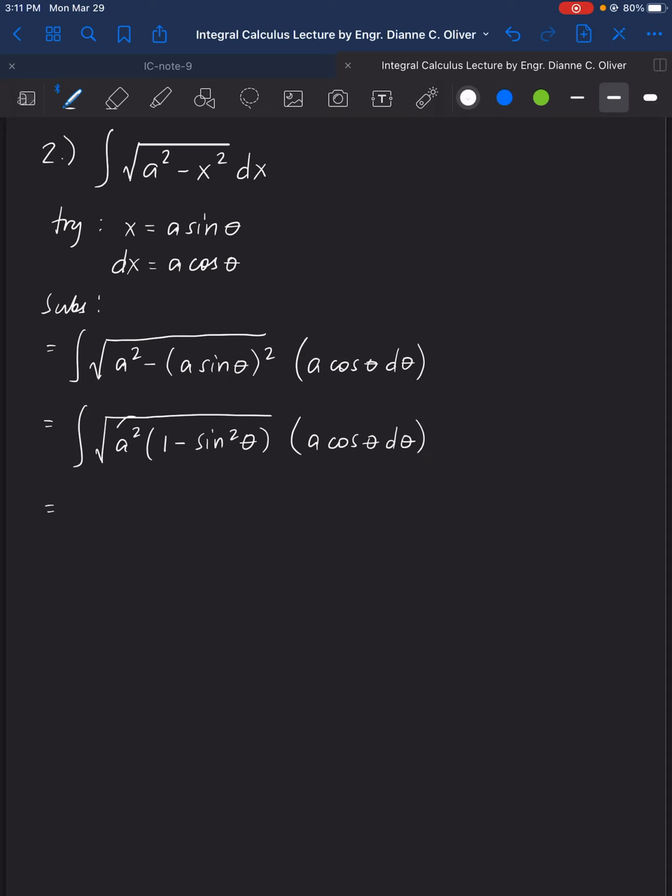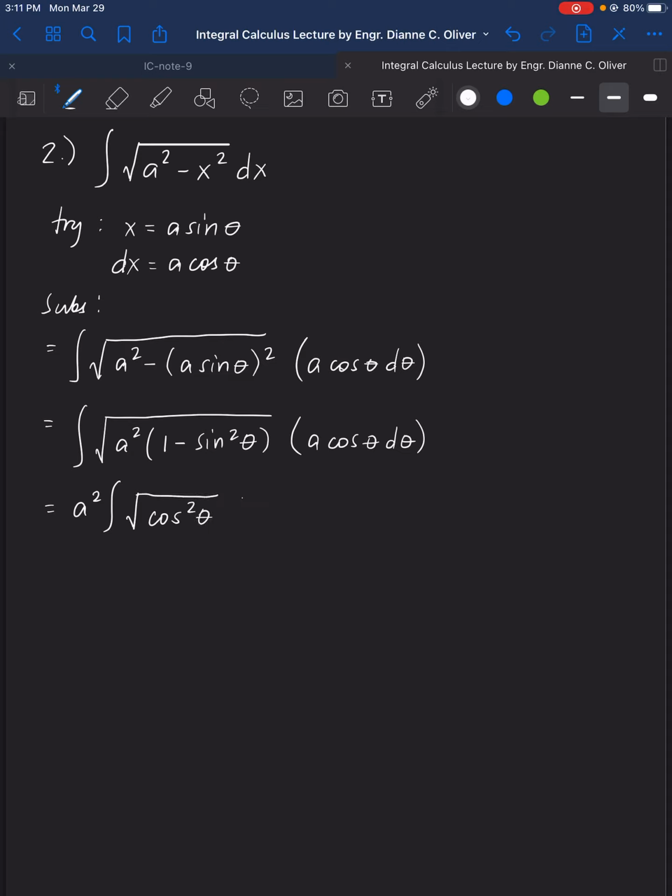Square root of a squared, that is a. A times a here, that will be a squared. And square root of, how about this one? What is 1 minus sine squared theta? It's a Pythagorean identity wherein the answer is cosine squared theta.